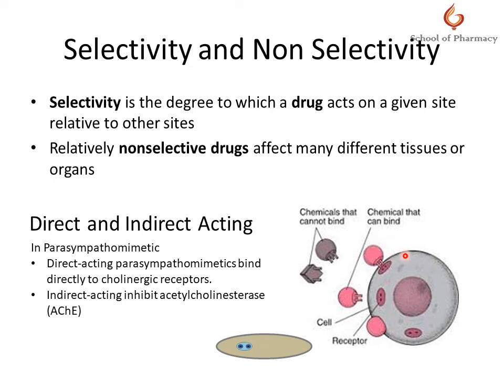If they work for only this receptor, then they are known as selective agonist or antagonist, based on whatever activity is there. And if they also work on this site, then they become non-selective, because they work here and here also.